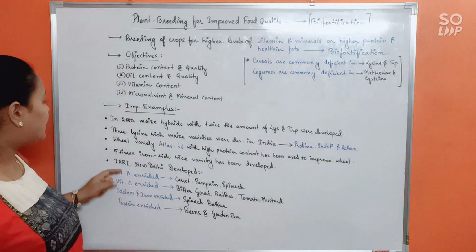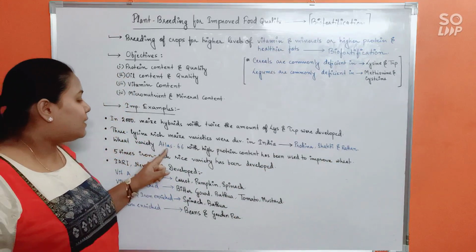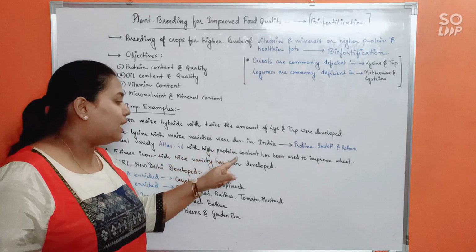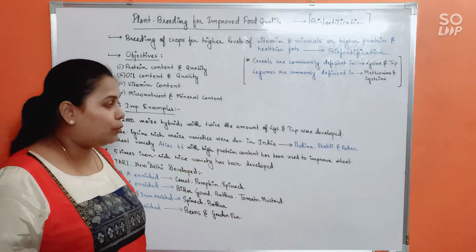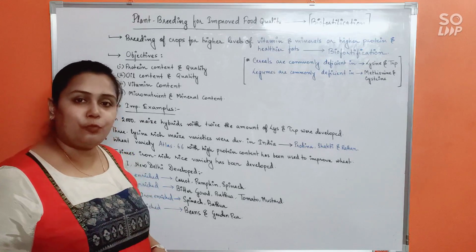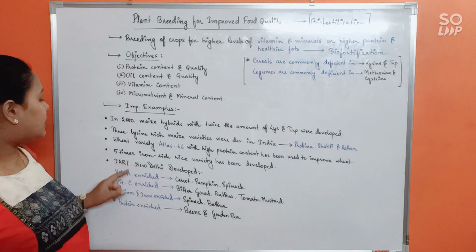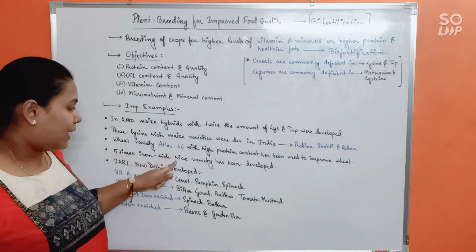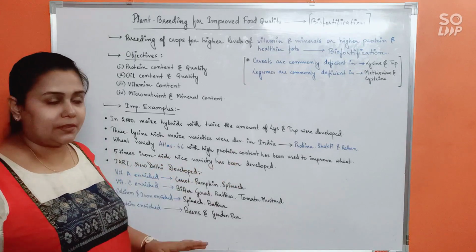Okay. Next, wheat variety Atlas 66 with high protein content has been used to improve the wheat. It would enhance the protein content of wheat. Next, a 5 times iron-rich rice variety has been developed.